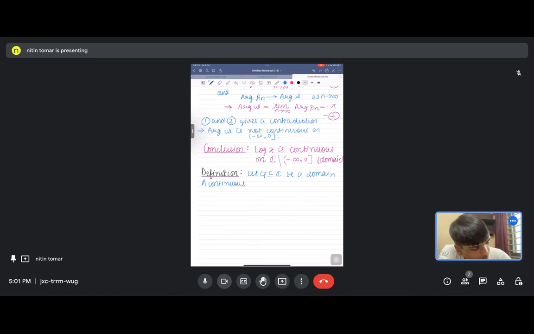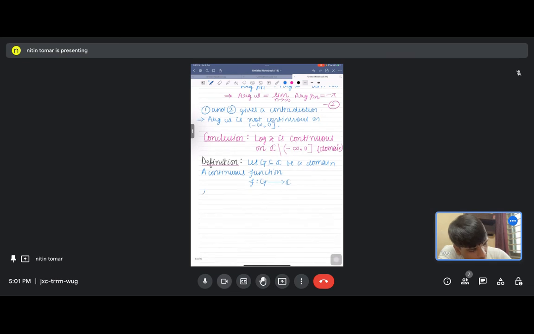It is a continuous function f from G to C, and it is called a branch of logarithm if e of f(z) is z for all z in G.